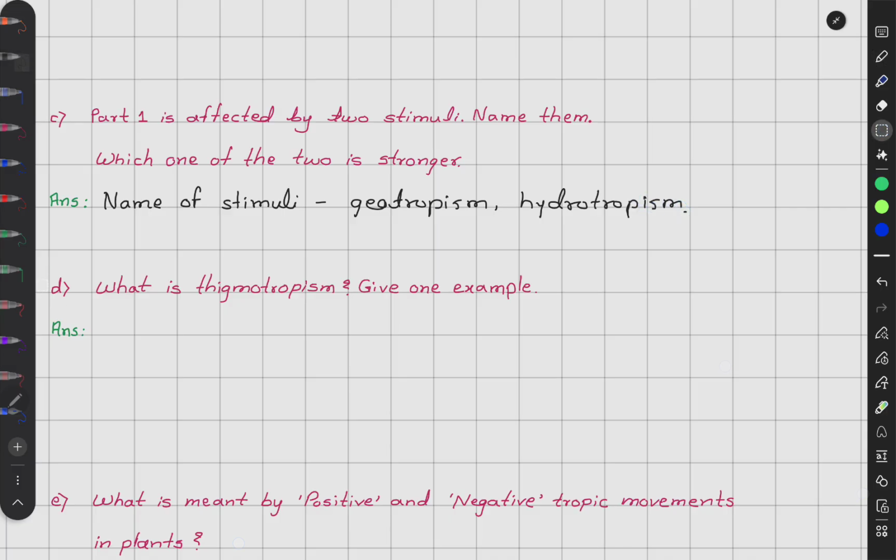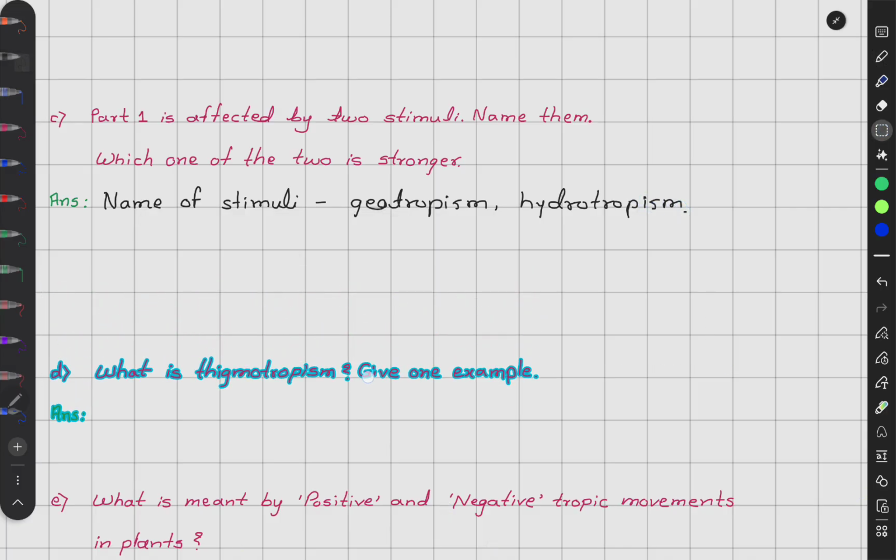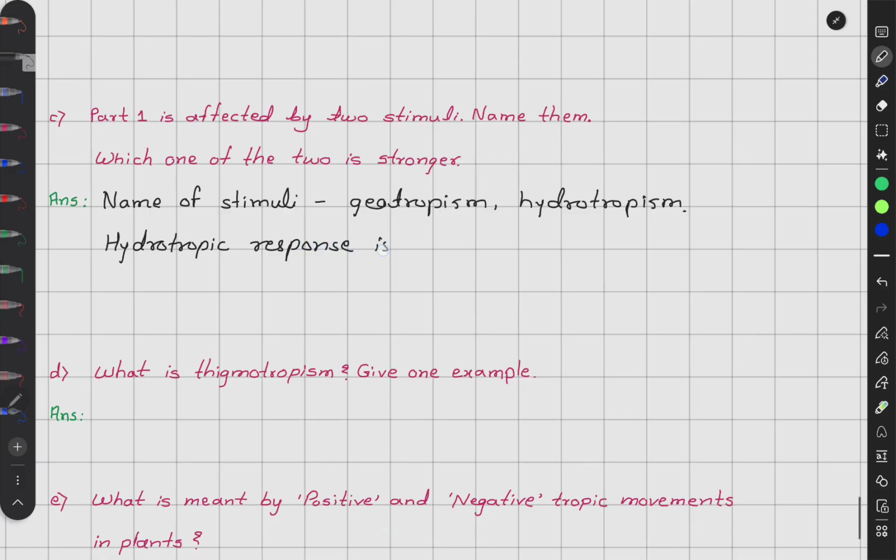And in this one, hydrotropic response is stronger than geotropic response.